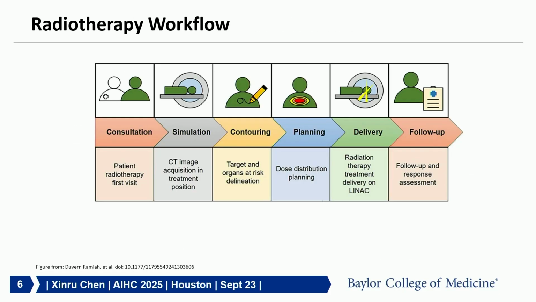The figure here shows a general workflow for radiotherapy. After consultation, the patients take CT simulation images, target and organs at risk are contoured, and treatment plans are created based on the prescription and normal tissue constraints, and then radiation is delivered with proper follow-up.